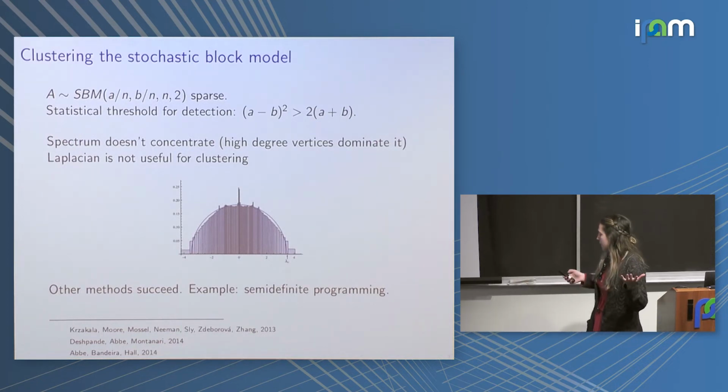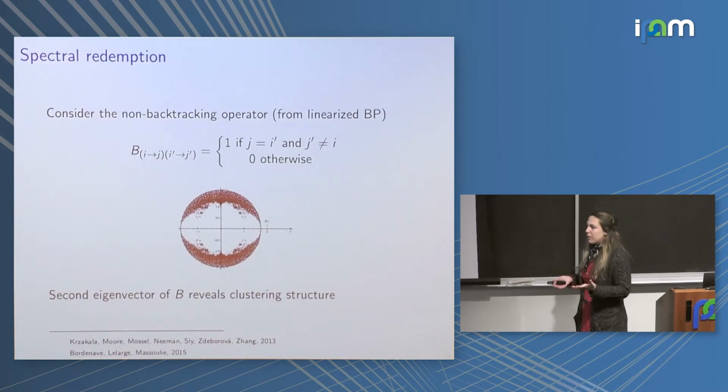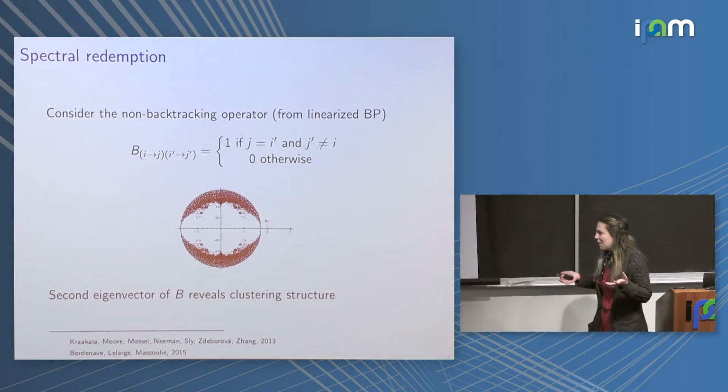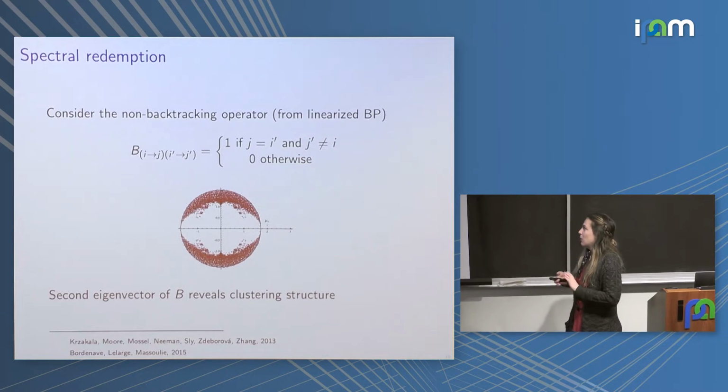However, that's not true, because you can consider some spectral methods that Lenka and collaborators came up with. They realized that if you use this non-backtracking operator, then the spectral method coming from it reveals the clustering structure.